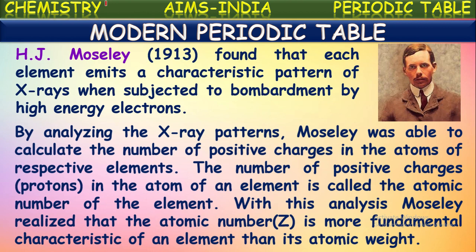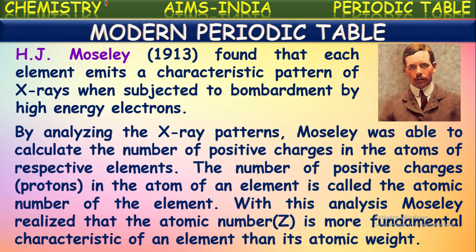We have learned that Mendeleev's periodic table is constructed based upon the atomic weights of the elements, and thereby there were some limitations because of the selection of atomic weight as basis.